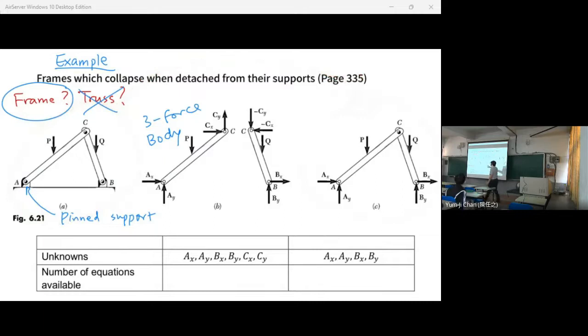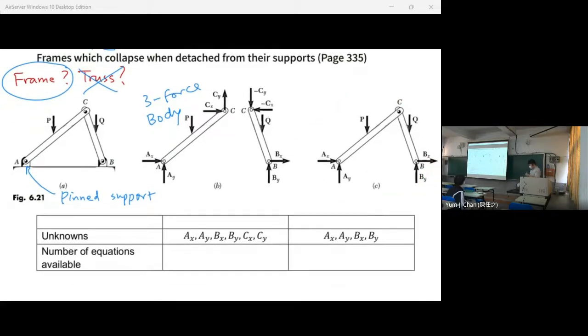So we remove the supports, and we have this. Let's look at how many unknowns we have.